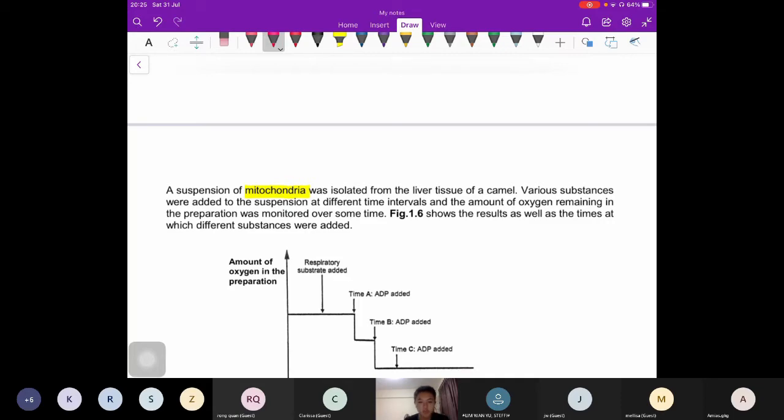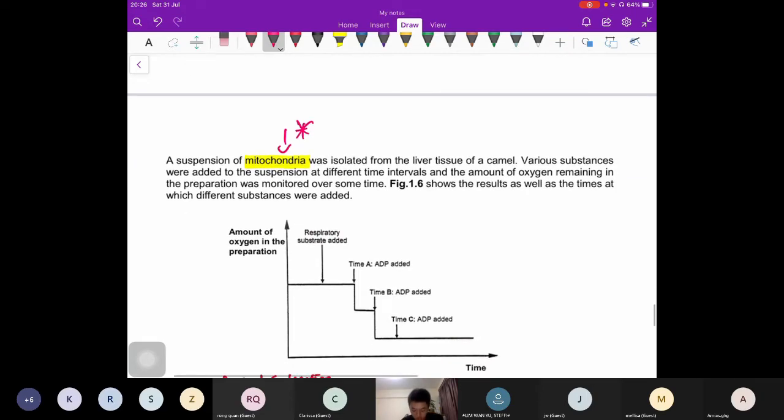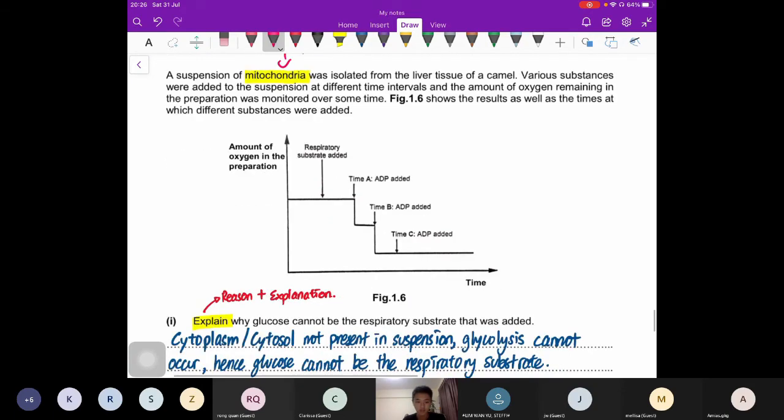That's why the preamble of a question is actually very important, because most of the time we just brush through it to get a rough idea of what the question means. But in this case it is very important because it talked about mitochondria, it didn't talk about a cell. So what's different between a mitochondria and a cell? A cell has a cytoplasm, whereas the mitochondria does not.